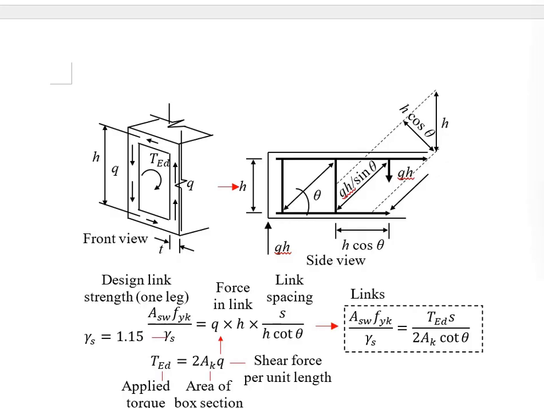Now, in order for you to get a compressive force, you are looking at the force acting in these directions instead of this direction. Therefore, you will need to get an imaginary plane here. How do you get this? Since you know the theta is here, and this is the Pythagoras.